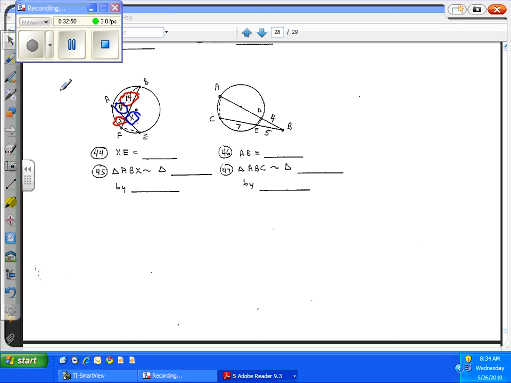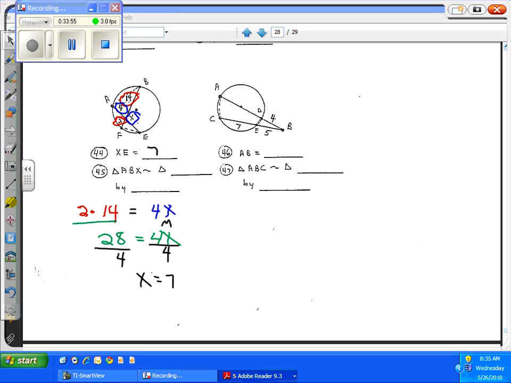The product of the segments of one chord, piece times piece of the first one, is equal to the product of the segments of the other chord, piece times piece of the second one. There we go. Man, I had two whole different things going on. What I was saying and what I was doing on paper weren't even matching. I know that was weird.